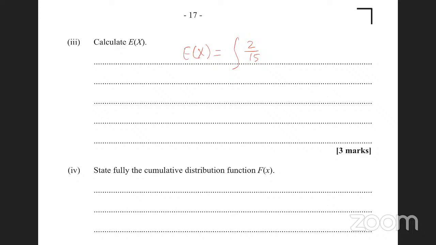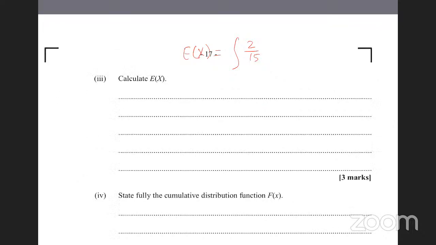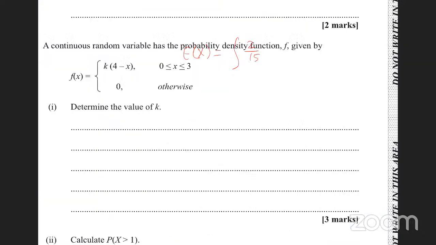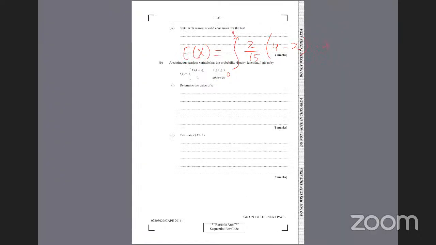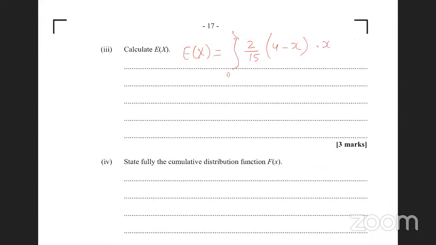So it was 2 on 15 of 4 minus x, and you have to multiply all of this by x between 0 and 3. Right? That's the way you find E of x.